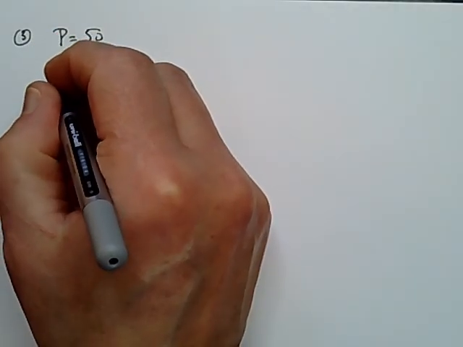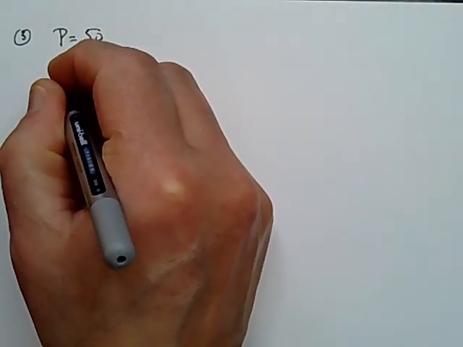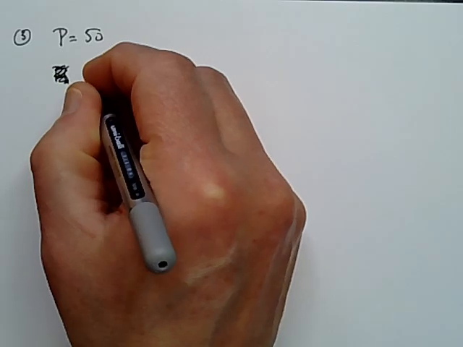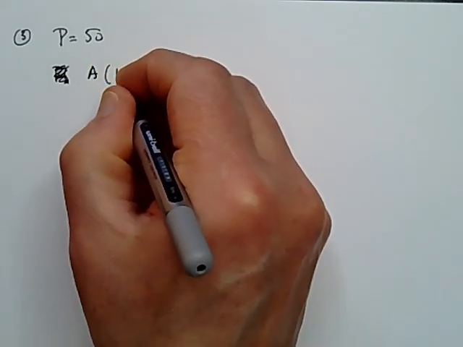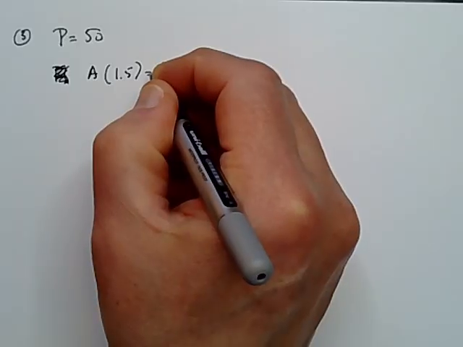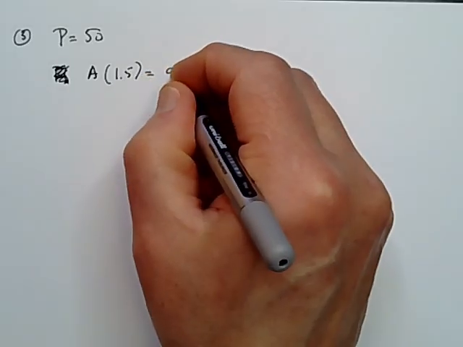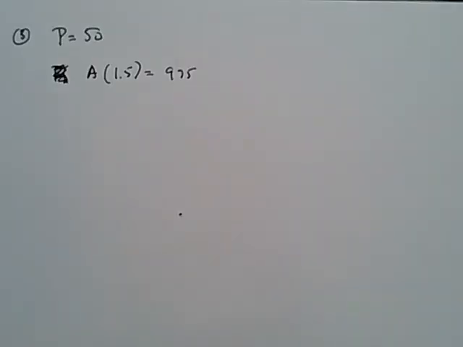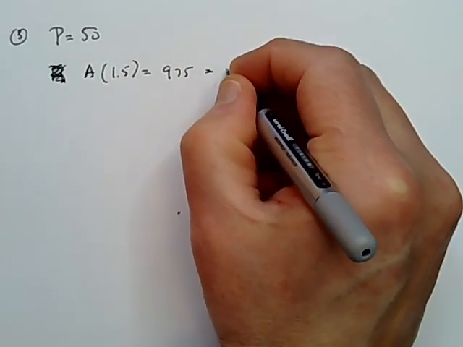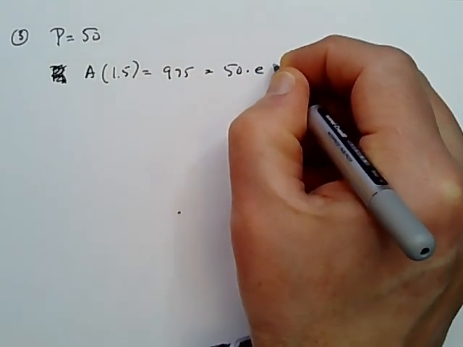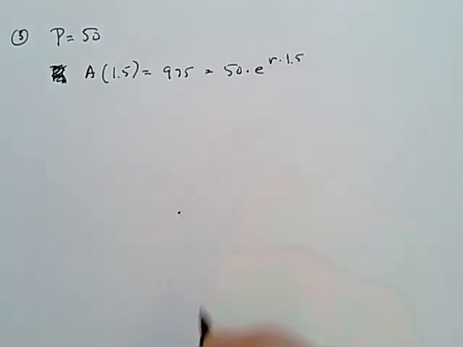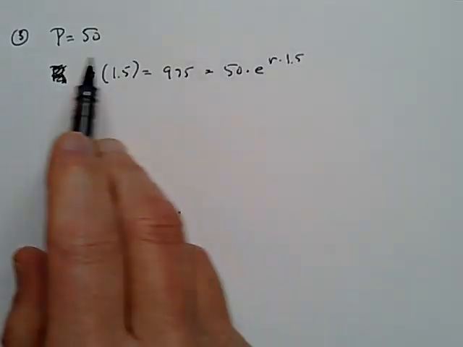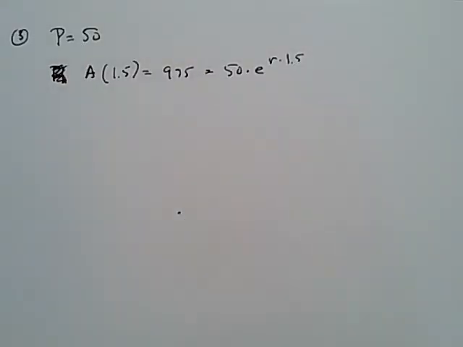So the amount after 1.5 hours is 975. And of course we know that's equal to 50 times e to the r times 1.5. I used 50 here because that's the initial population.